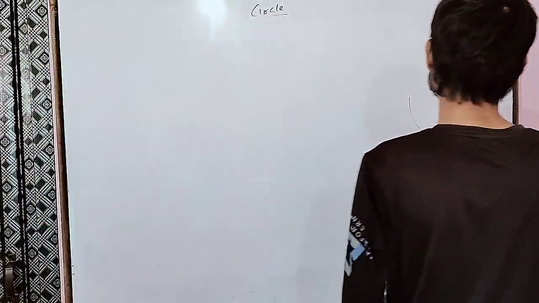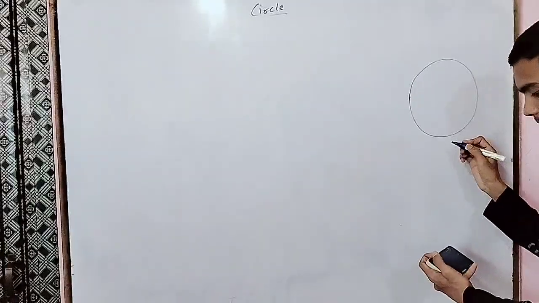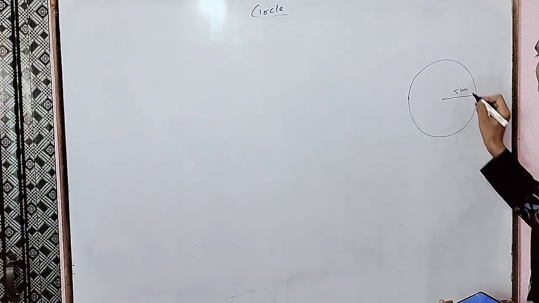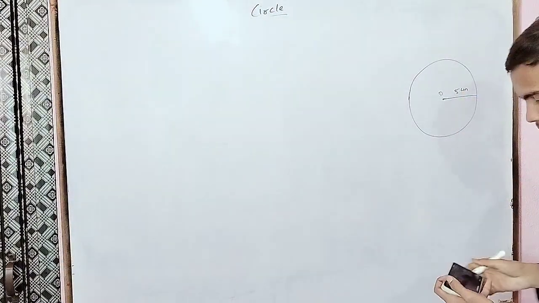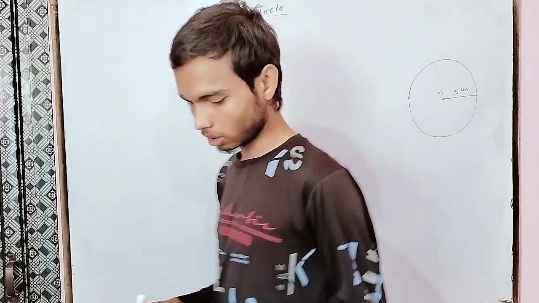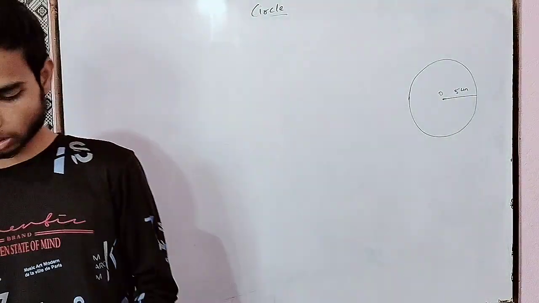I will draw a figure. So it is a circle, and the radius is 5 centimeter. Clear? So this is considered O.